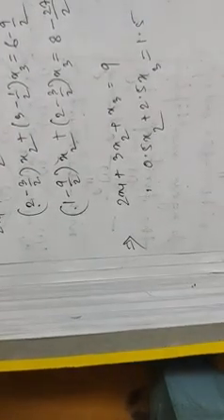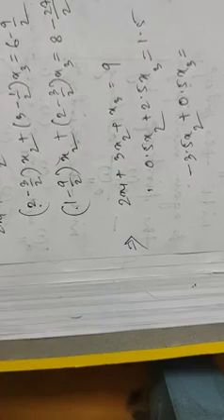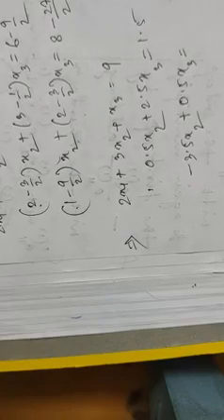Then 1 minus 9 by 2 is minus 3.5. Then 2 minus 3 by 2 is 0.5. And 8 minus 27 by 2 is minus 5.5. Right? So this is our second set of equations.